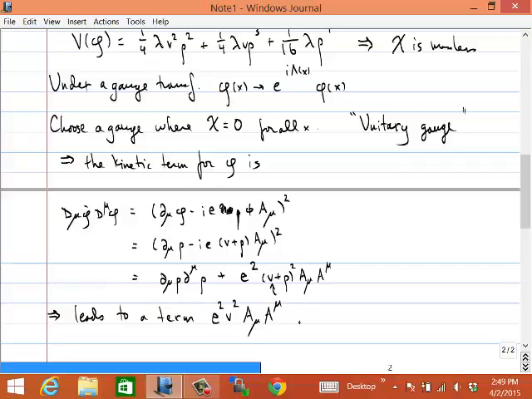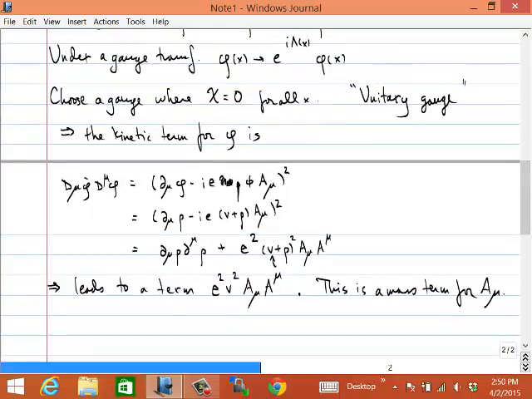So what is this term? This is a mass term for the gauge field A. Okay. So what's going on here? This is known as the Higgs mechanism.